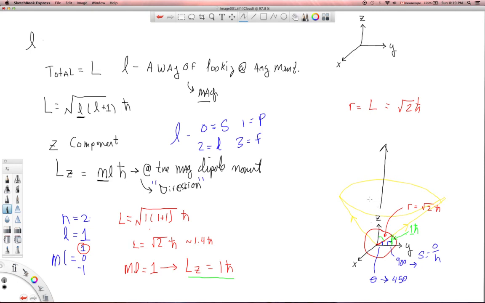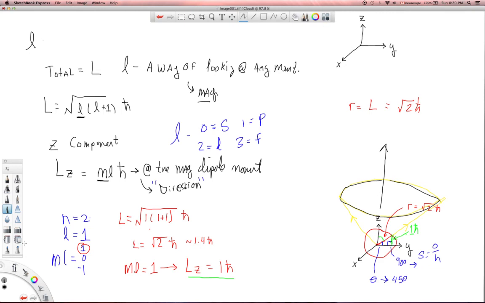It's 45 degrees off the z-axis, but I can't know exactly where the angular momentum is due to the uncertainty principle. I just know that it's 45 degrees off of the z-axis, and so the direction of the angular momentum could be anywhere along this sphere, or this conical three-dimensional shape that's oriented at 45 degrees off.